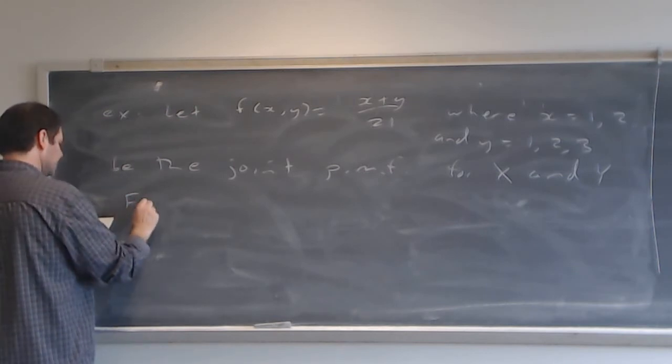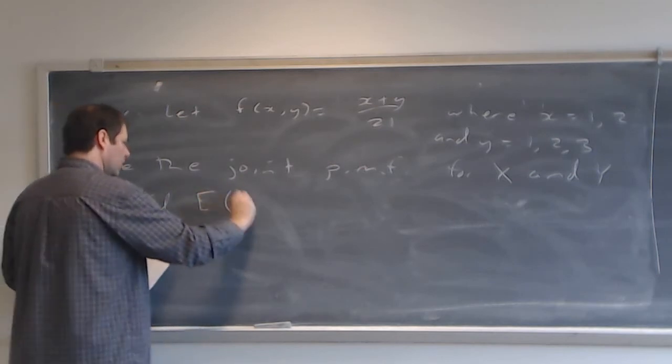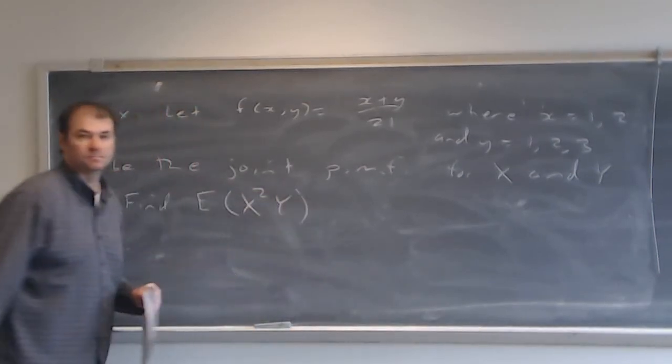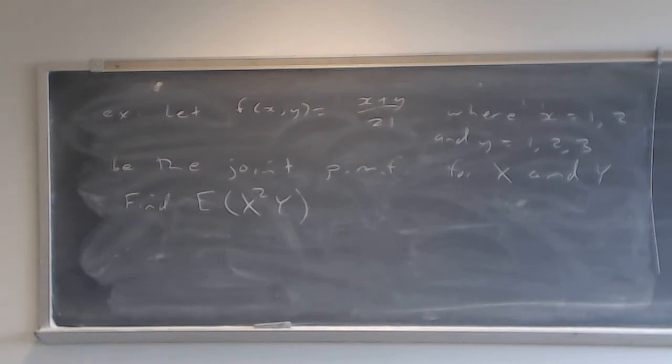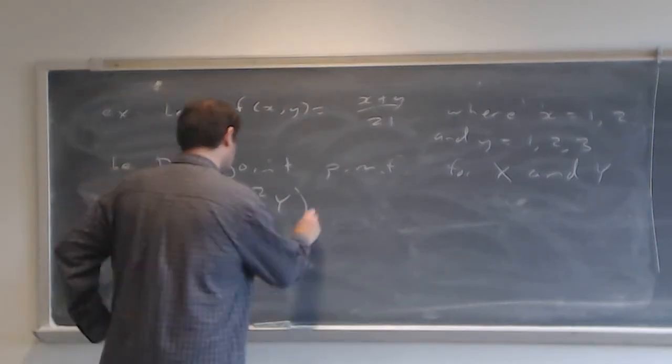We might be asked to find the expected value of X squared times Y. Well, I just do what's listed there, and so by the definition, this is the answer.